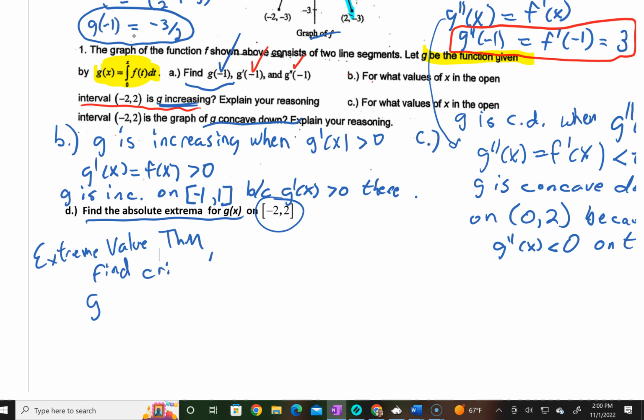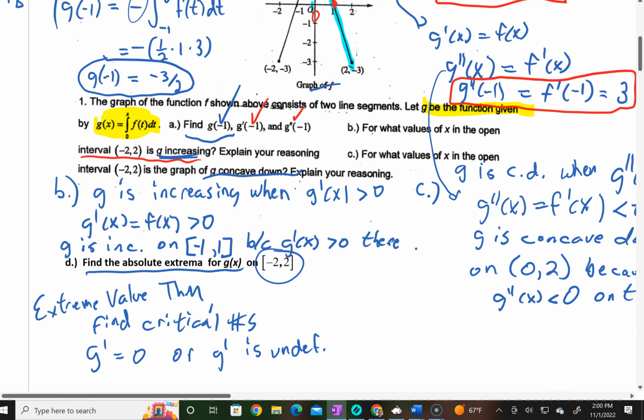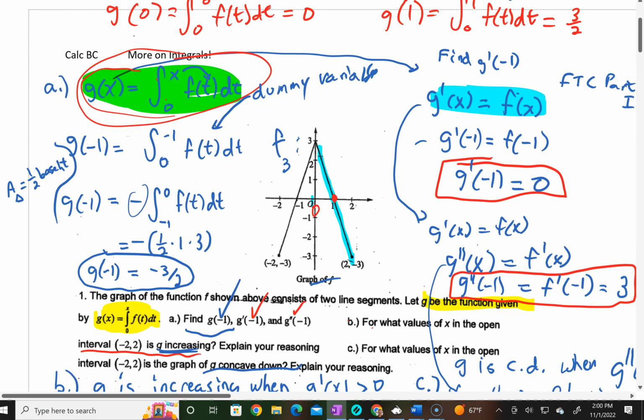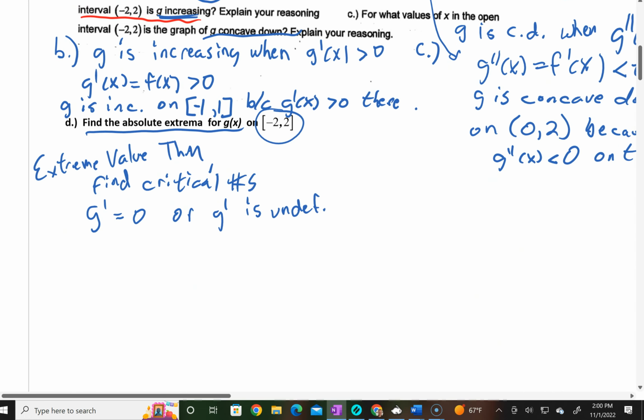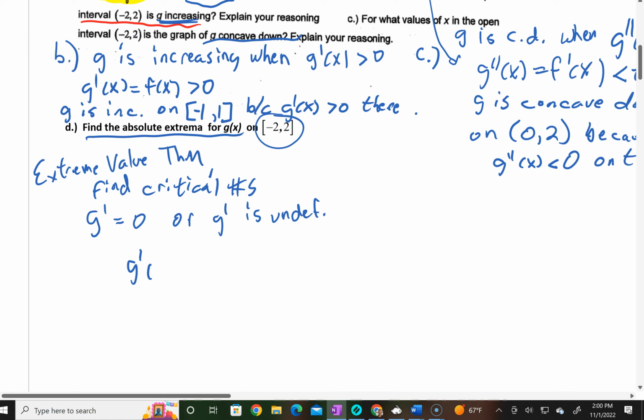Find the critical numbers. And that means where G prime is 0 or where G prime is undefined. Wow. Well, we already know what G prime is from earlier. Look in here in blue. We already saw that G prime is f of x.